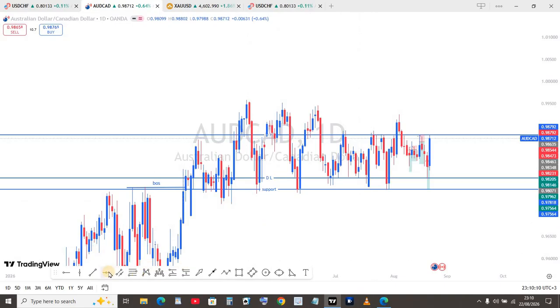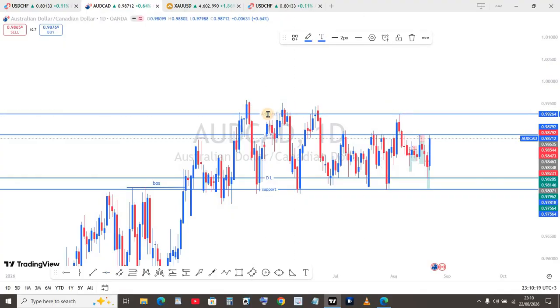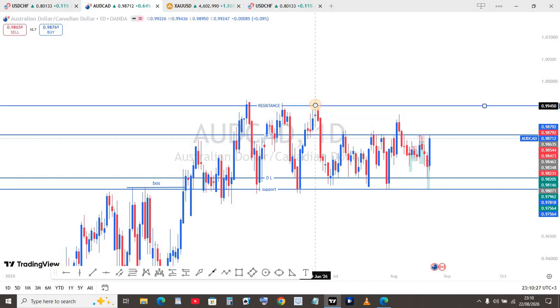Let me draw another one. This is our resistance. So resistance, support, daily high, daily low.